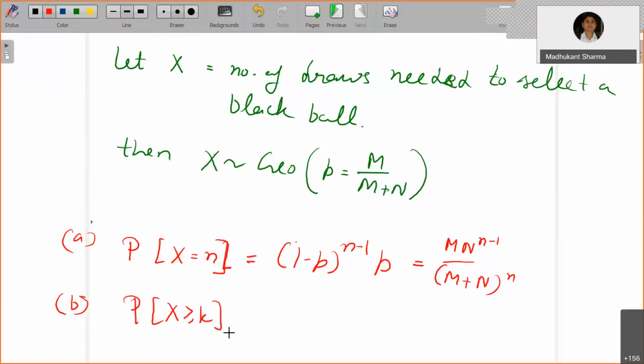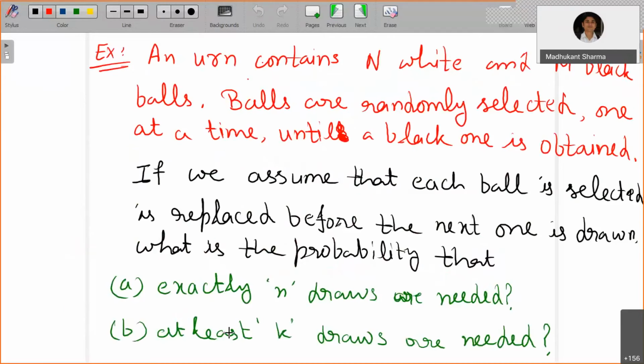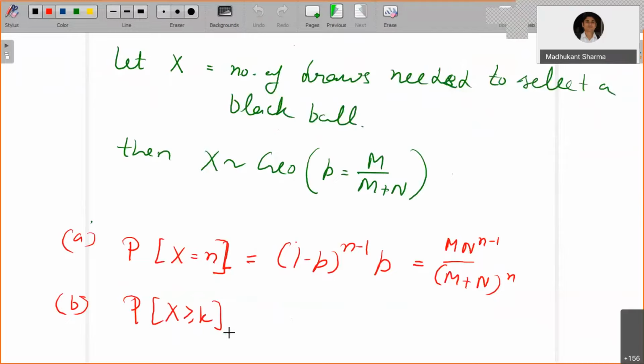To answer this, one way is to go with 1 minus the probability of x equals 0, x equals 1, x equals 2, and so on, up to x equals k minus 1, using the distribution. Another way is more straightforward. We require at least k draws to succeed. Means what will be the probability of that?